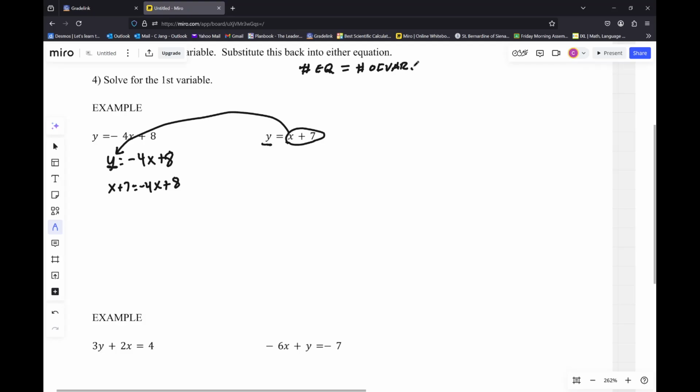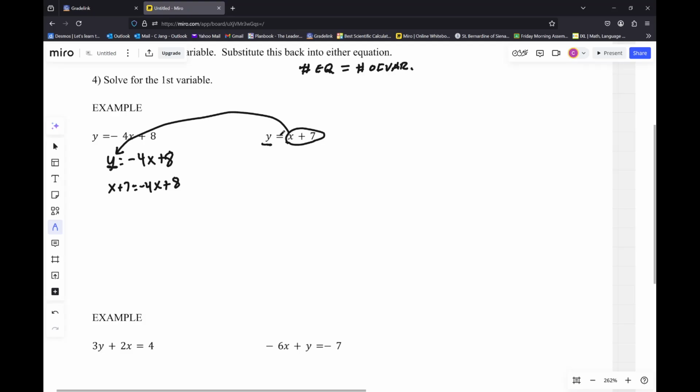Okay, so for a system of equations, look, we have two equations and two variables, x and y. Okay, two equations and two variables, and they have to be different equations. They can't be the same equation in different form. So two different equations, two different variables, we can solve this. All right, if we had three variables, like if there's a y and an x and a z, but only these two equations, there's no way we can solve this.